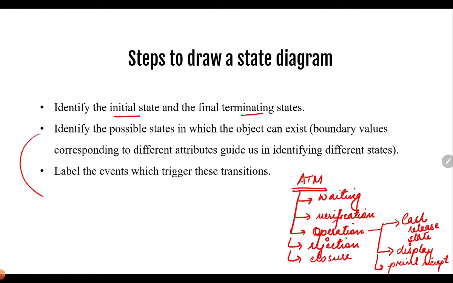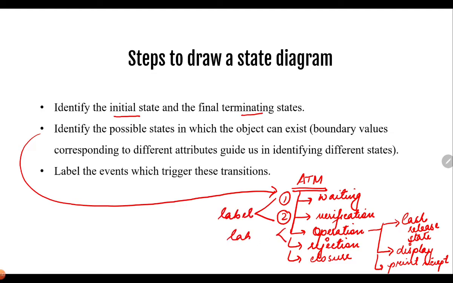So we have to identify all possible states that a particular system might be in and then accordingly draw the different states. Then we have to label the events which trigger these transitions. So these are supposed transitions, and we also have to find out labeling for all these states. A label might correspond to waiting, and from waiting, in order to reach verification, we have to enter the pin of the card.